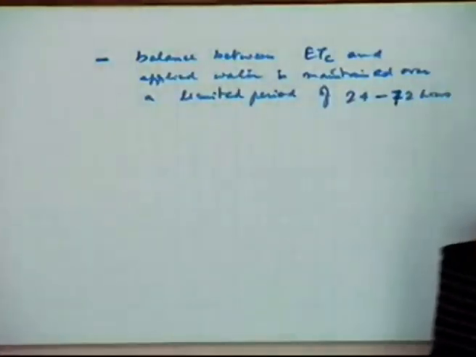You are doing the water balance again, but then you are waiting for a very long period before you replenish the deficit which has been created by the root system.